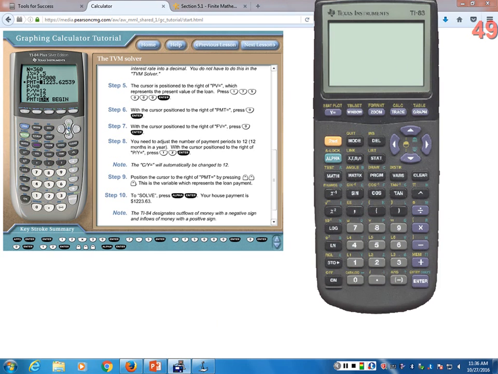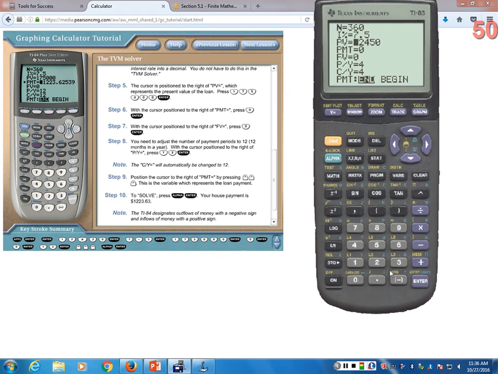So let's go through the same problem on the TI-83 so you can see how it works on the TI-83. Once you get to it, it's exactly the same. So on the 83, we go 2nd, x to the negative 1, choose the solver, and our problem, I'm not going to do the multiplication, I'm just going to enter in the 360. And 7.5% interest.